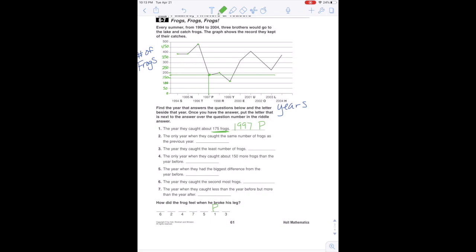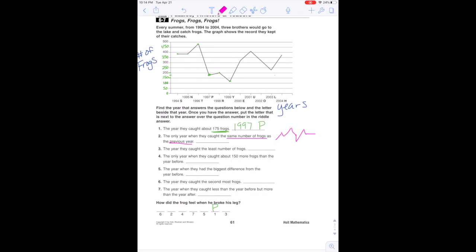Number 2: the only year when they caught the same number of frogs as the previous year. I'm going to get rid of my lines from before. The same number of frogs as the previous year. In our line graph, it kind of goes up and down. When something is the same, it goes flat across.